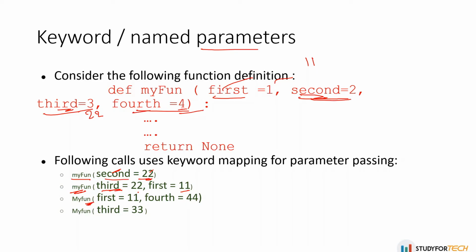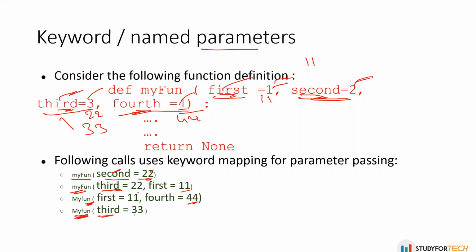Similarly in the third one, first 11, fourth 44. So first will have 11, fourth will hold 44, and the others hold defaults, which are 2 and 3. Similarly in the fourth call I am passing third equal to 33, so the third will hold 33 and the others hold defaults 1, 2, 4. I hope you have understood what a positional parameter is and what a keyword or named parameter is.